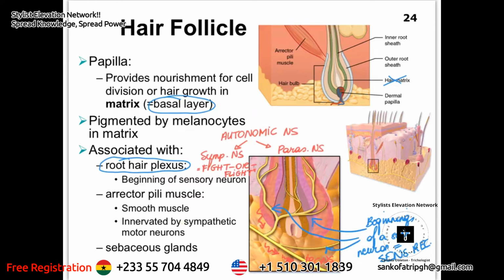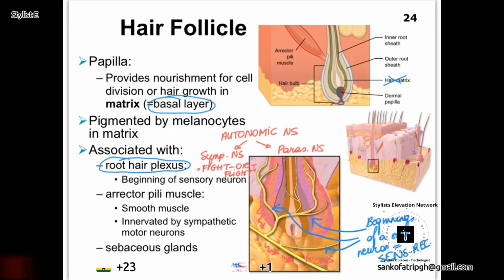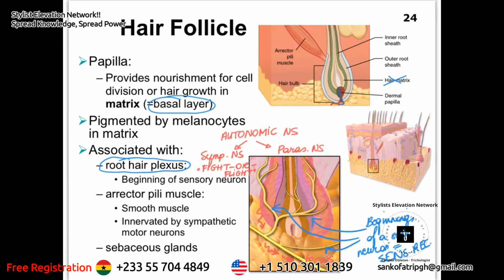And so it is your fight or flight nervous system, or better called your sympathetic nervous system, which has other nerve cells that we call motor neurons, that innervate that erector pili muscle to contract. So if I add the sympathetic motor neurons to my smooth muscle cell, I'll do it like this.